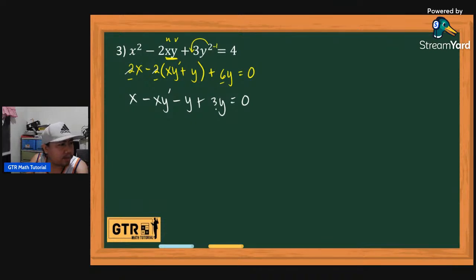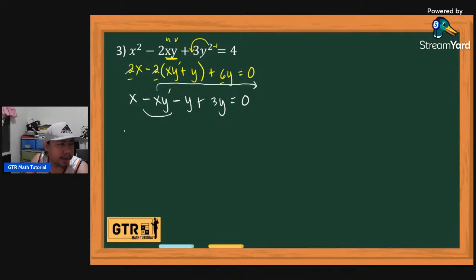So now combine and solve for y prime. Put all the terms in the right side, since the y prime has negative sign, so we will put this to the right side.